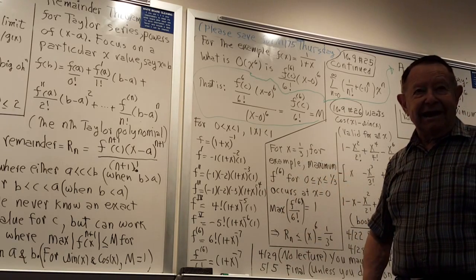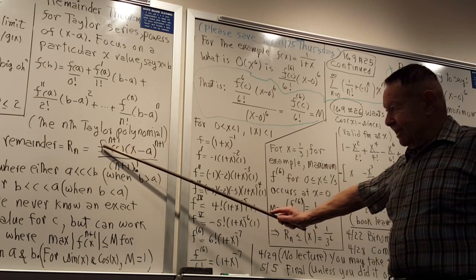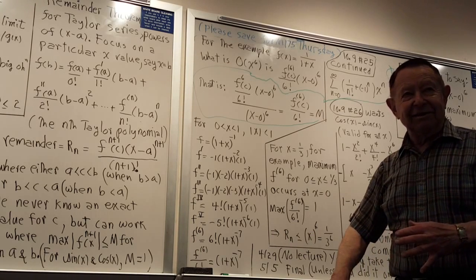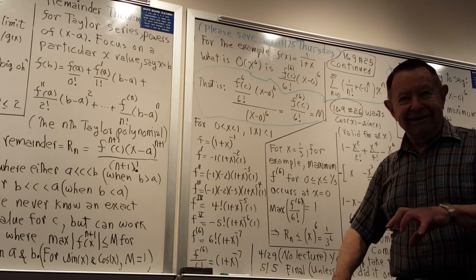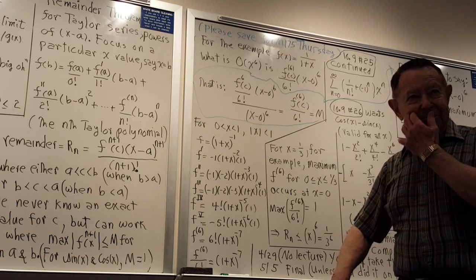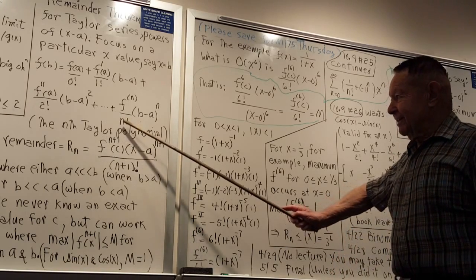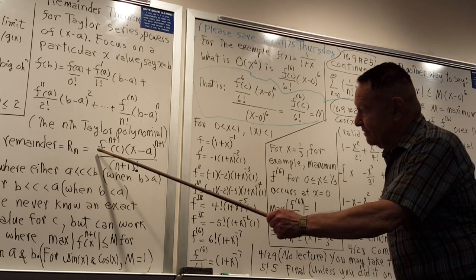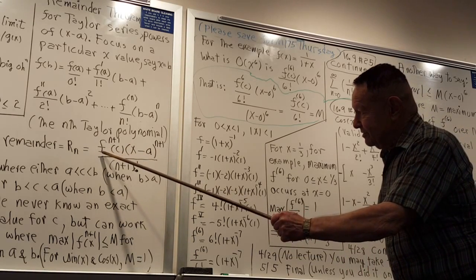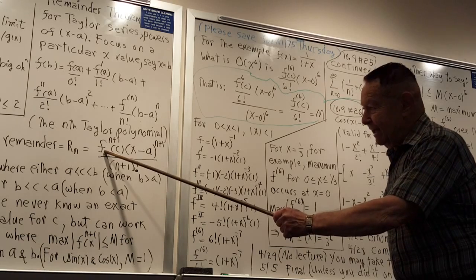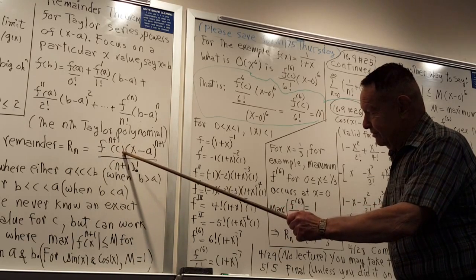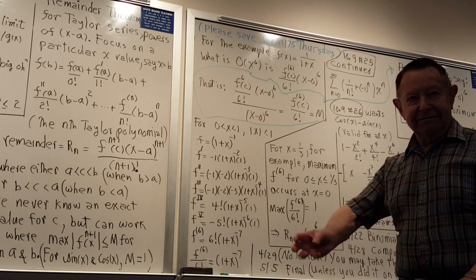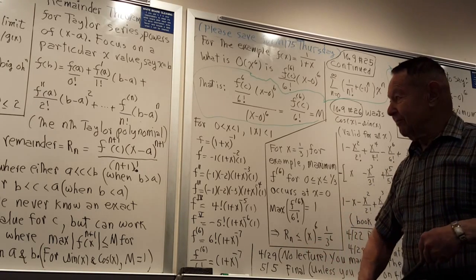If you could do that, then you could get an exact value here, and you'd be essentially getting something for nothing. You'd be getting what is an infinite series with just a finite number of terms. So the best you ever can do with this is to try and say, well, the magnitude of the derivative cannot be larger than something, and get a ballpark on your error.